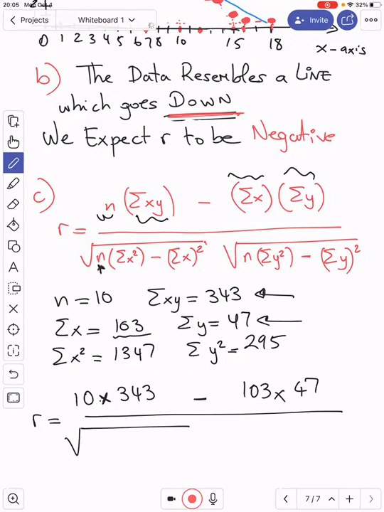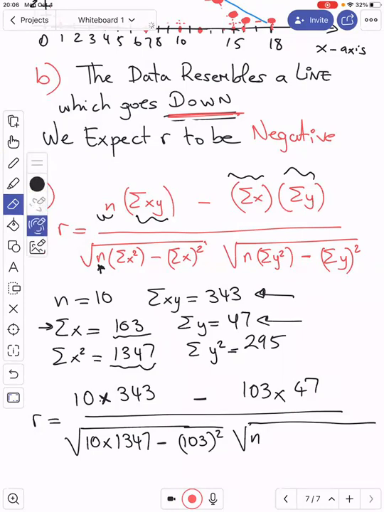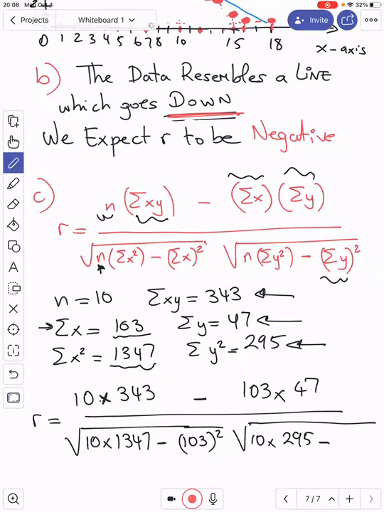N, which is 10, times the sum of the X squared, 1347, minus the square of the sum of the X's, 103 squared. Then another square root, same thing with the Y's: 10 times the sum of the Y squared, 295, minus the square of the sum of the Y's, 47 squared. All right, let's compute this.